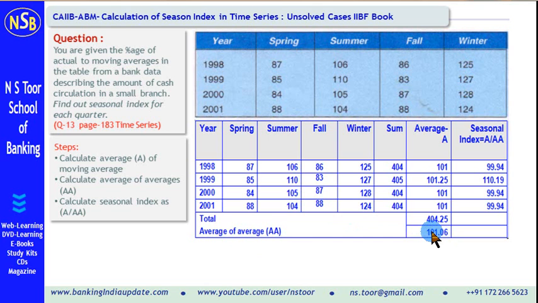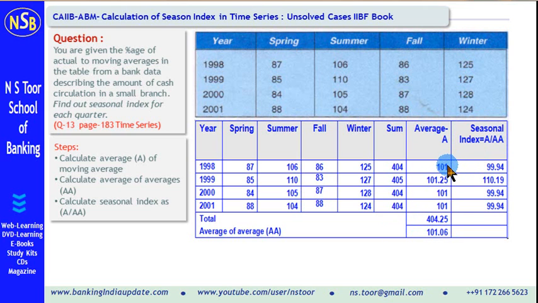With the help of these two, that is with the help of averages and the average of averages, now we shall calculate the seasonal index. So seasonal index is equal to A, that is the average, divided by the average of averages, that is what we are having here.